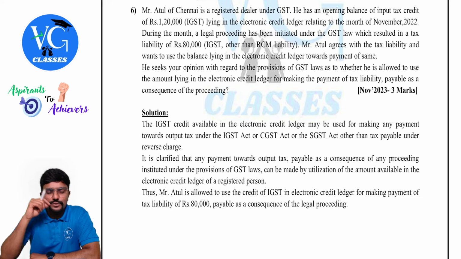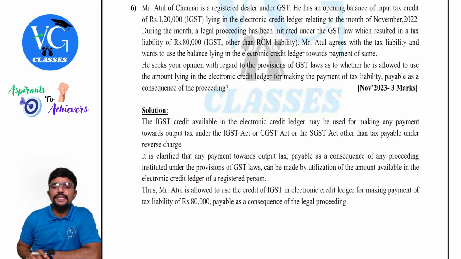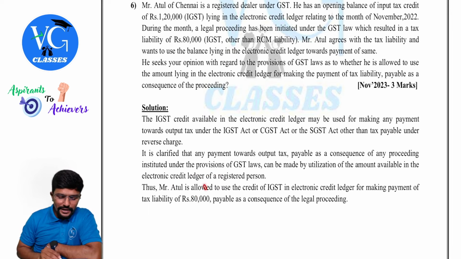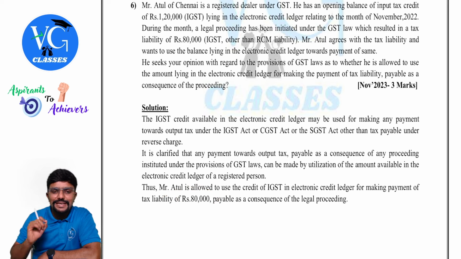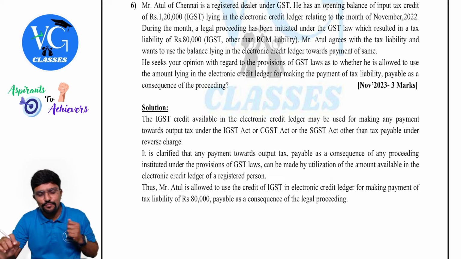Thus, Mr. Atul is allowed to use the credit of IGST in electronic credit ledger for making payment of tax liability of 80,000 payable as a consequence of legal proceedings, guys. As a consequence of legal proceeding.